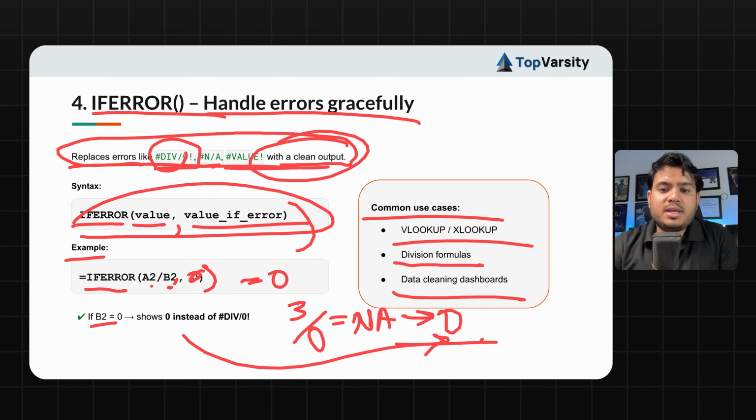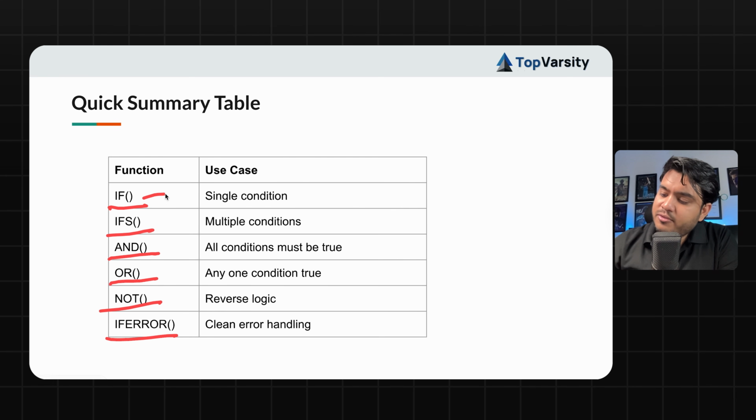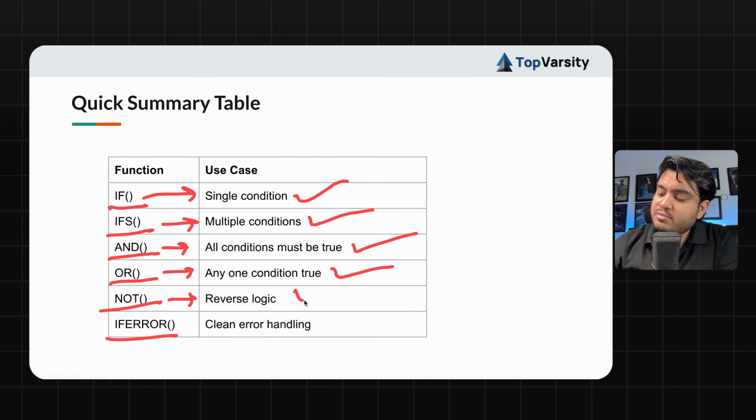This is the end of this lecture, where we have learned IF, IFS, AND, OR, NOT, and IFERROR. IF is used for a single condition. If we have multiple conditions, we use IFS. AND is used when all conditions must be true. OR is used when any one condition should be true. NOT reverses the logic.